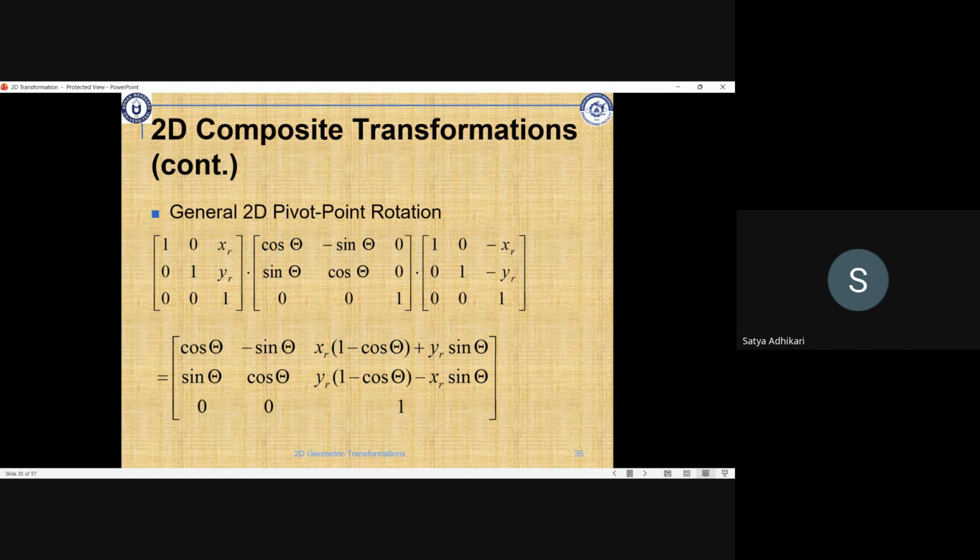Suppose in your Photoshop, or where you do photograph editing, Canva, yes, you are using it in that case. You have to change the size, then take the position from one place to another, then rotate it. All are composite transformations.